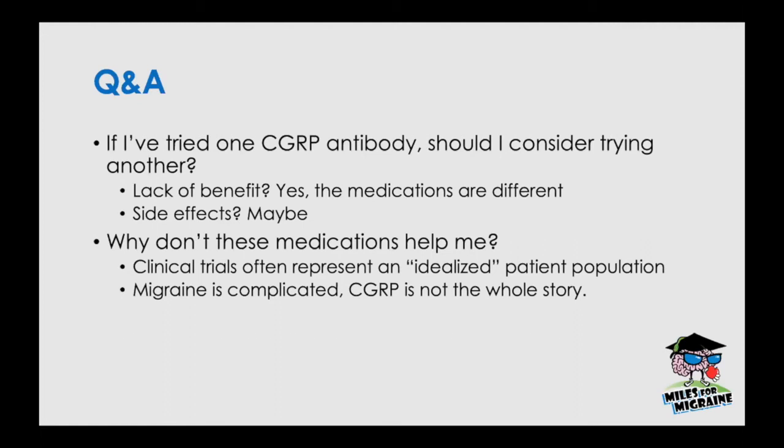And why don't these medications help me? I think that is one of the better questions here, not just because it's a better question, but because it applies to many of my patients and probably to many of you. It's because the patients used in trials are what we call, quote unquote, idealized. They're your textbook patients, having exactly 15 or 16 headache days per month.